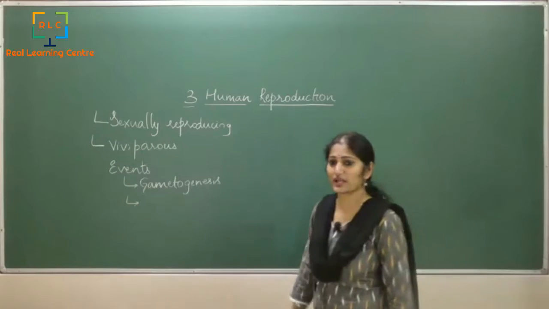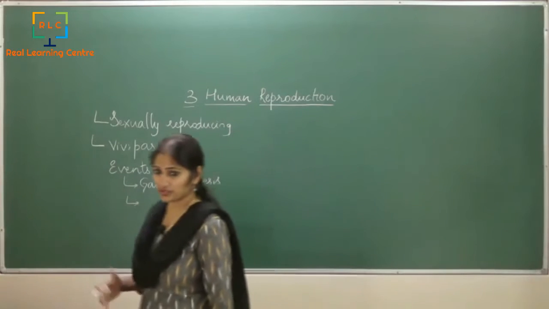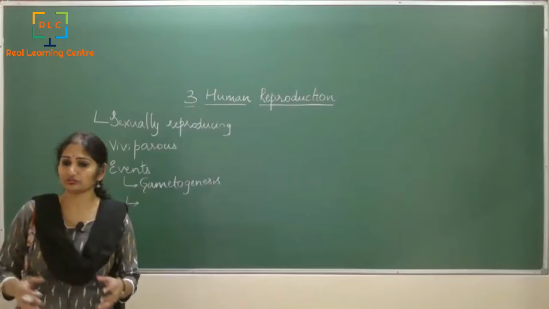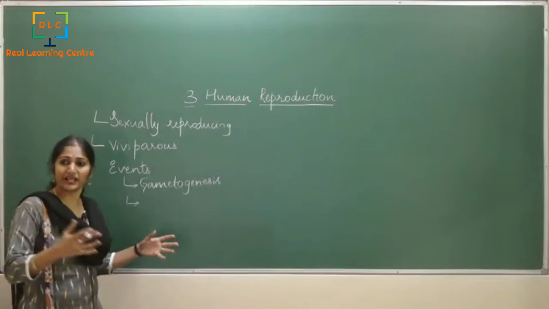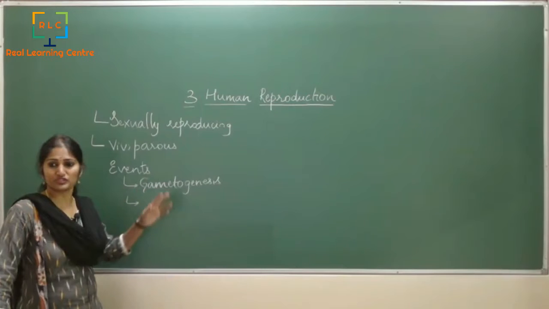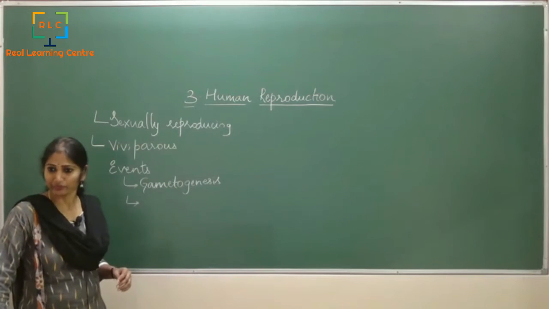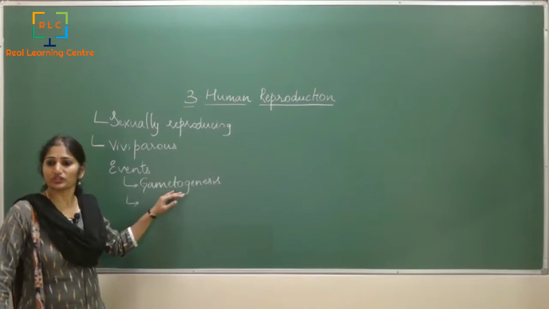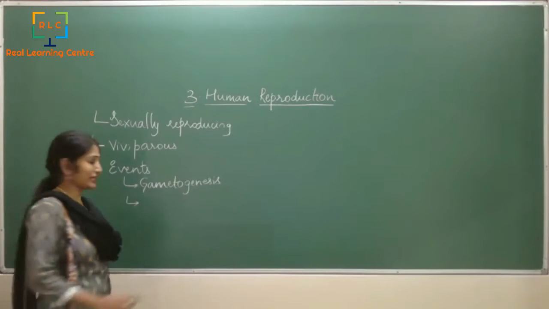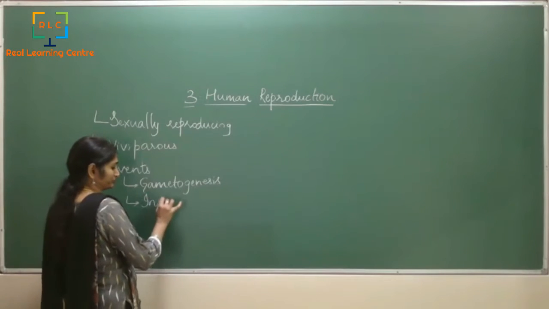So gametogenesis happens in the first place. In the males there would be production of sperms, and in the females there is production of the egg, right?